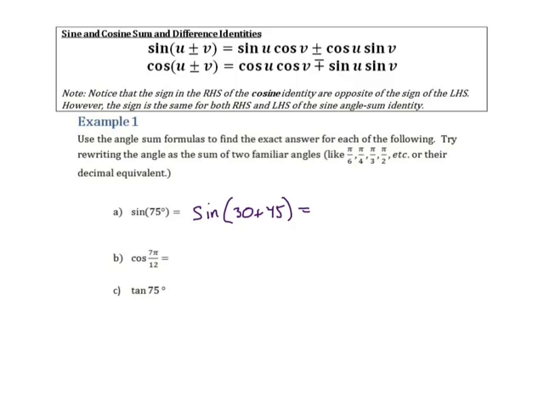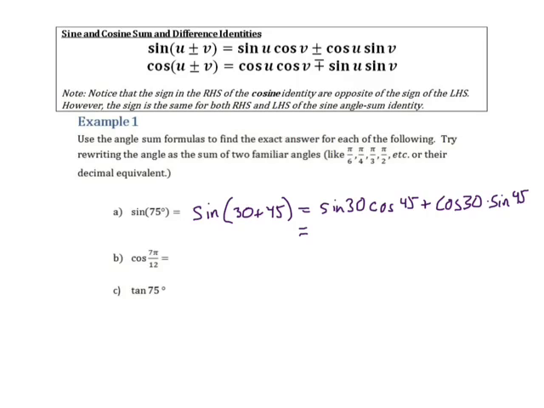Now using the formula, we have a plus here, u plus v. We need to rewrite it as sines and cosines. So it's the sine of the first angle, which is 30, times the cosine of the second angle, which is 45, plus, same symbol here, the cosine of the first angle, 30, times the sine of the second angle, 45.